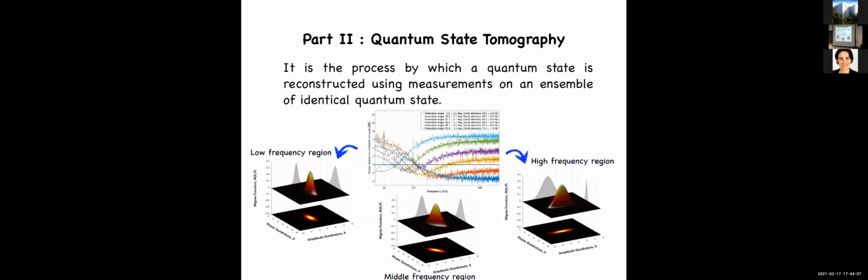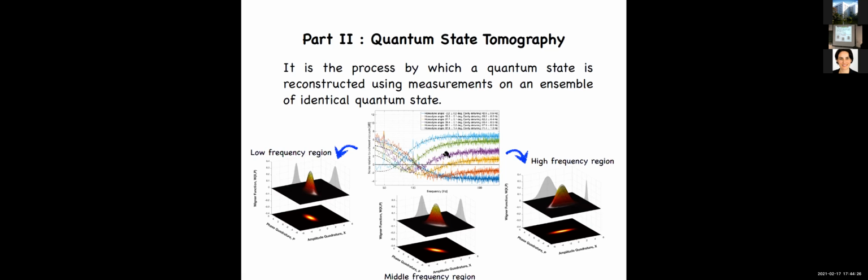And then the second part, I talk about quantum state tomography. We want to reconstruct the Wigner function from the measured data, like this.